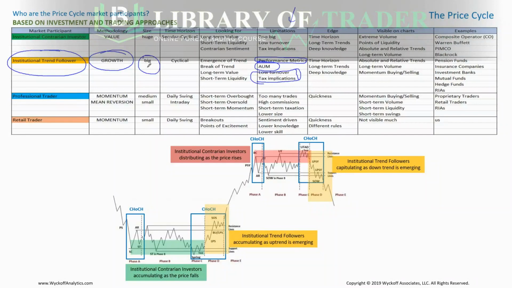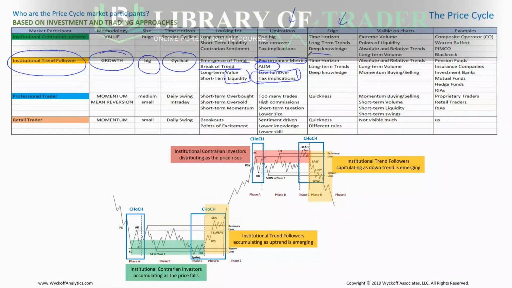They are sizable, they have a big size, and they are cyclical. They're usually going to stay in the position over a year, over 2 years, depending on the stock. And they're looking for the emergence of the trend or a break of the trend. They're looking also for the liquidity and value.